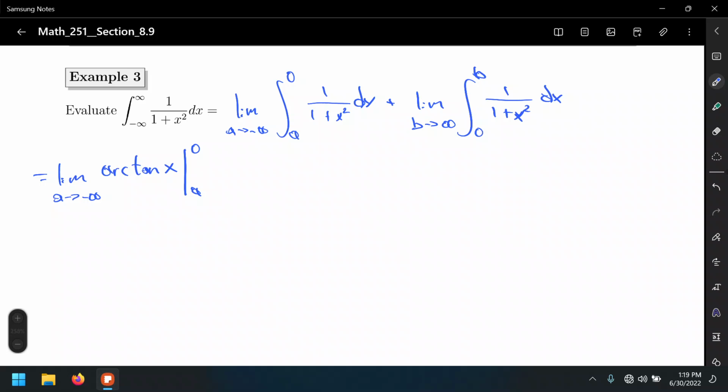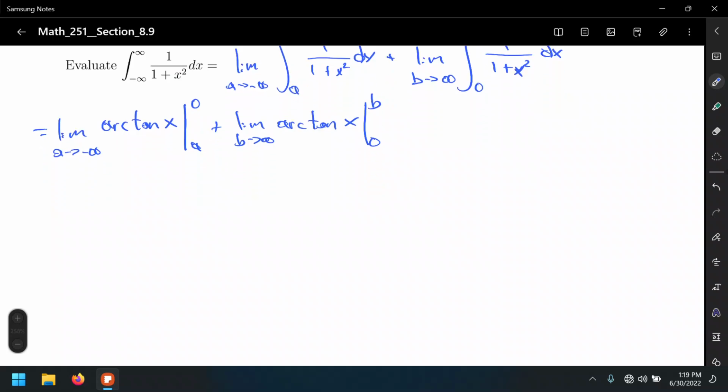Technically there's an x over 1, but we don't really need to write down x over 1. We really don't need to write that. Plus the limit as b approaches infinity, and that's also arctan of x from 0 to b.